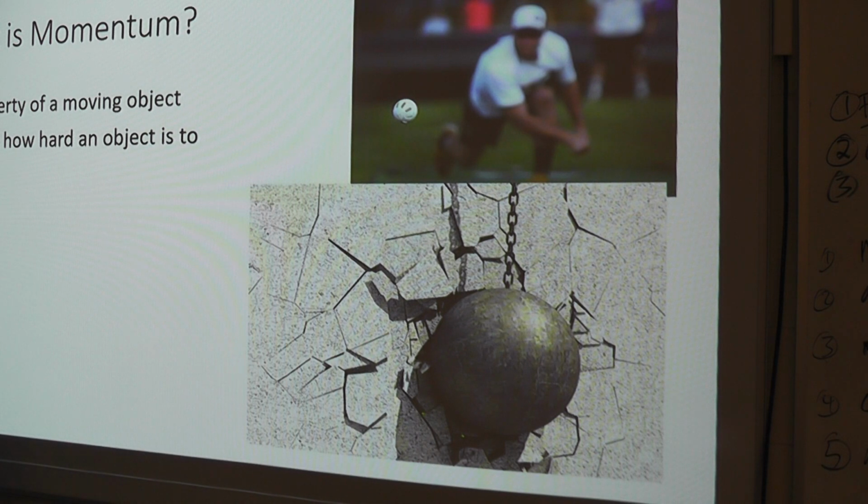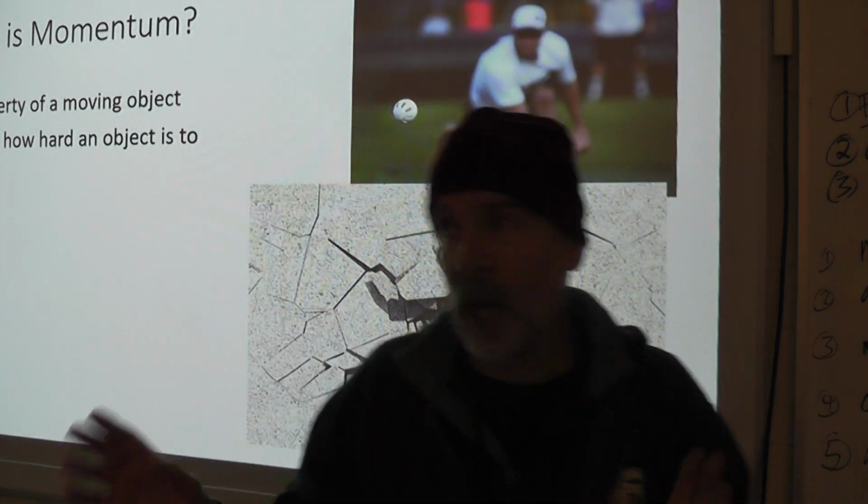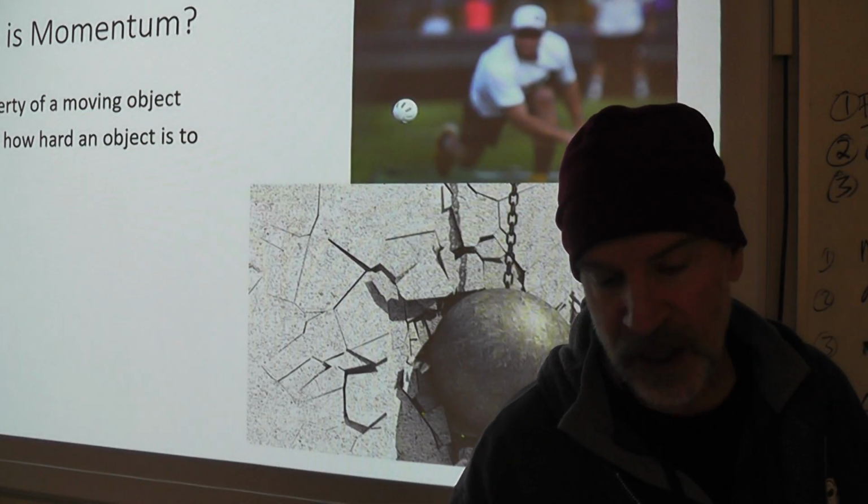The other is, we can push with a smaller force over a relatively large amount of time. And it turns out, both of those things have to do with momentum. One has to do with the momentum of a moving object, the other has to do with a transfer of momentum, a change in momentum. And that's ultimately where we're going to get, the big picture down the road, a couple weeks that we're going to be talking about.